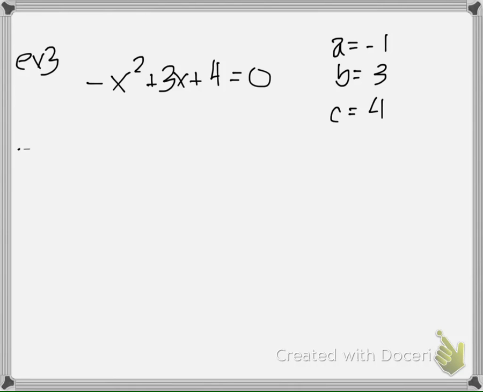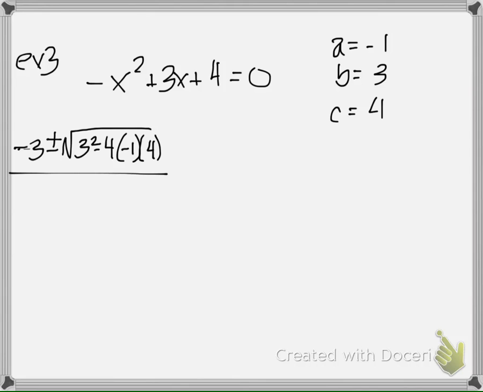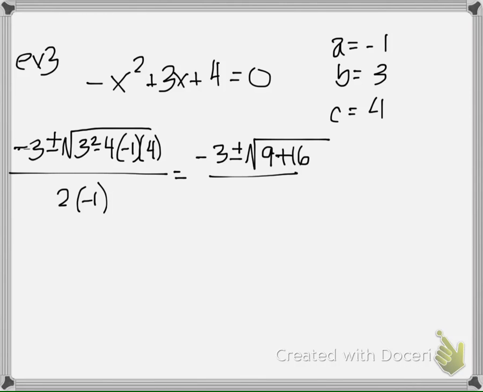So we have the opposite of b plus or minus the square root of b squared minus 4ac all over 2a. So -3 plus or minus the square root of 9. -4 times -1 is 4 times 4 is 16 over -2. -3 plus or minus the square root of 25.